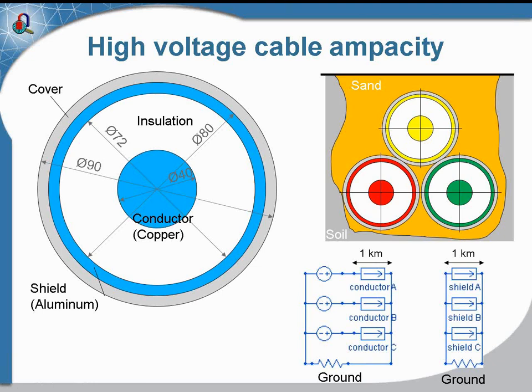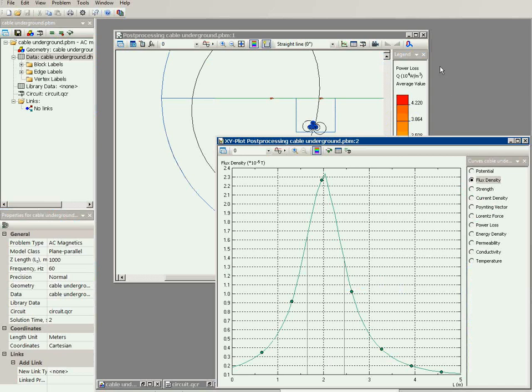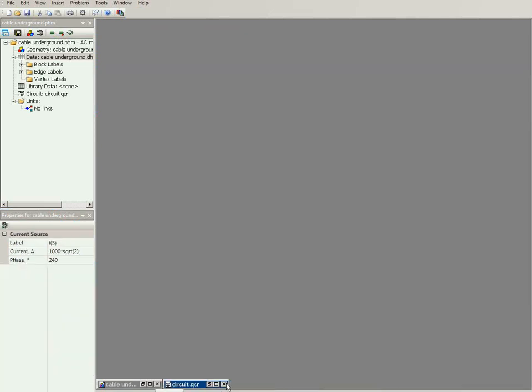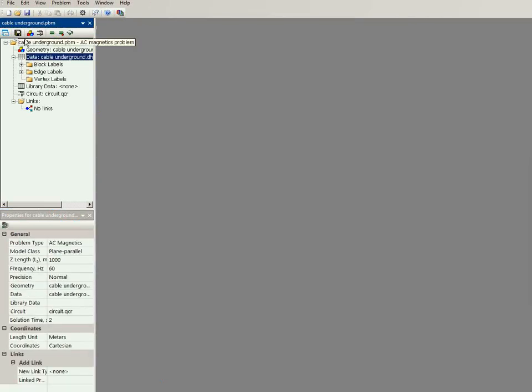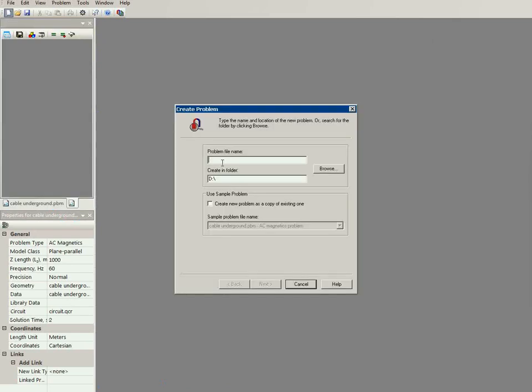I'm returning back to QuickField, and I will create a new problem, Cable heat.